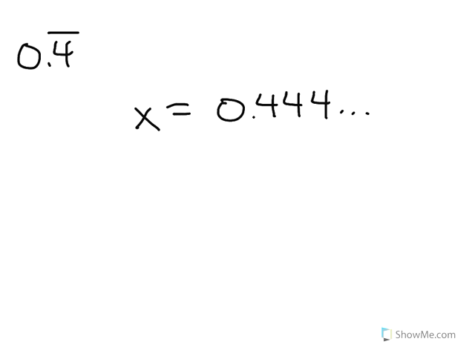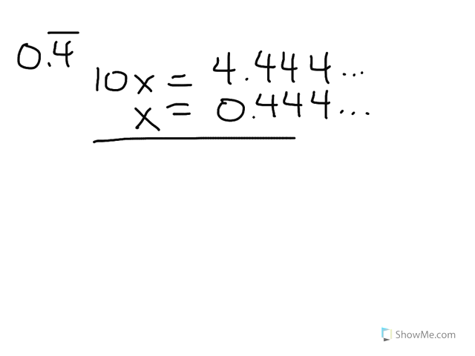So go back to the first line and write 10x equals 4.444... If you're wondering where that fourth 4 came from, remember that those dots represent an infinite string of 4s. I have as many 4s as I need, and more.